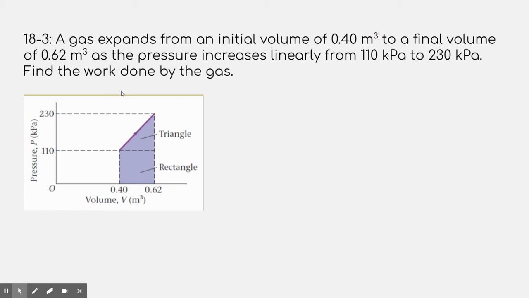So let's begin by using the fact that work is equal to the area under the curve. Let's find the area of the rectangle and then the area of the triangle, add them together, and that'll be our work. So for the area of the rectangle, we'll just say length times height.